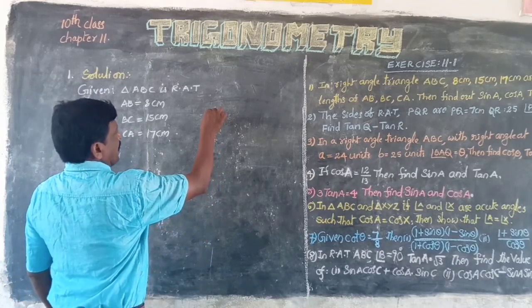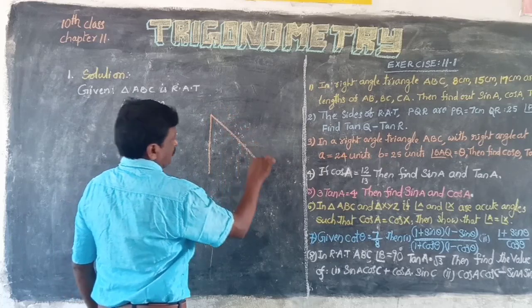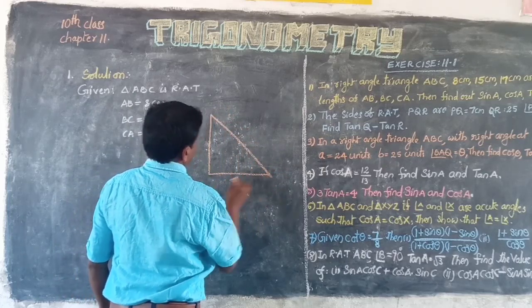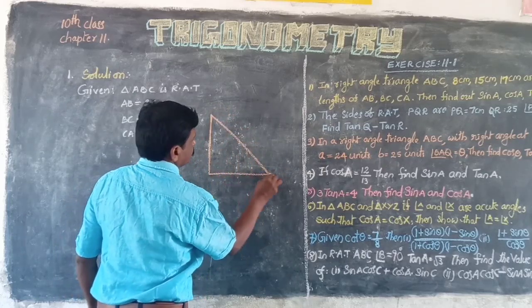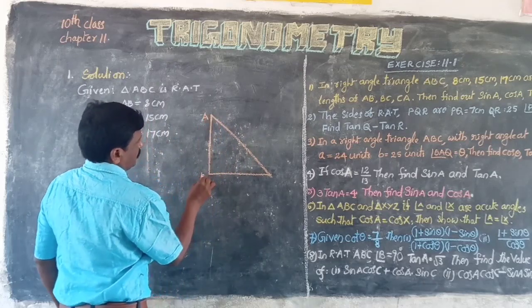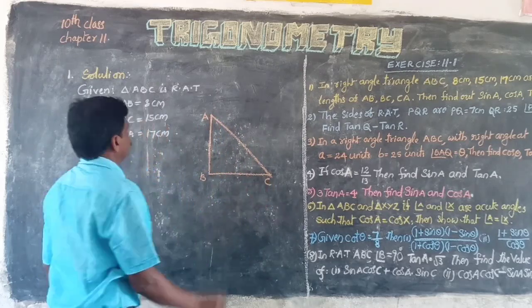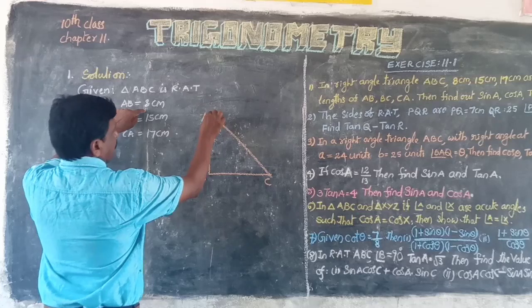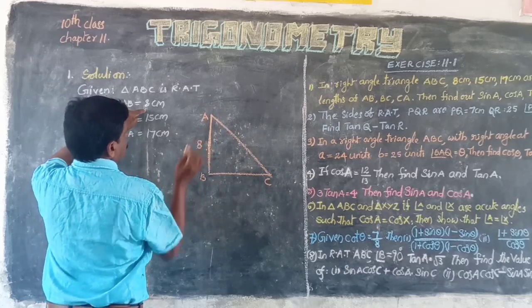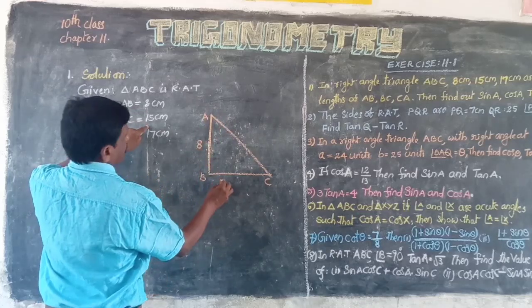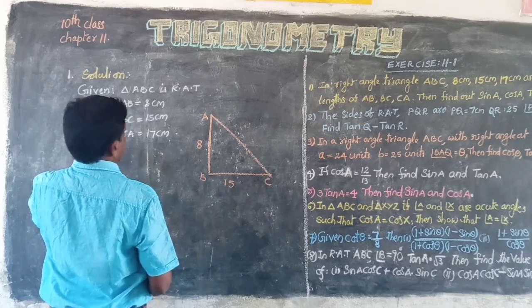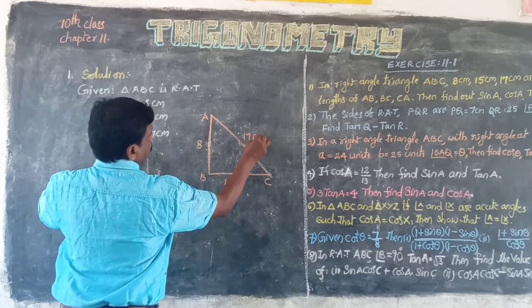So we will draw the right angle triangle A, B, C. AB 8 centimeters, BC 15 centimeters, CA 17 centimeters.